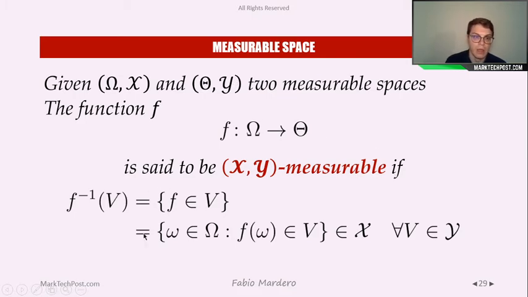If we get this property, we will usually refer to this property of the sets where f is on V. This means that we are getting all the elements of omega in which, taking the f values, those results stay in V. And these omegas in which this expression results true stay inside the sigma algebra defined on omega, and this is true whatever V is.